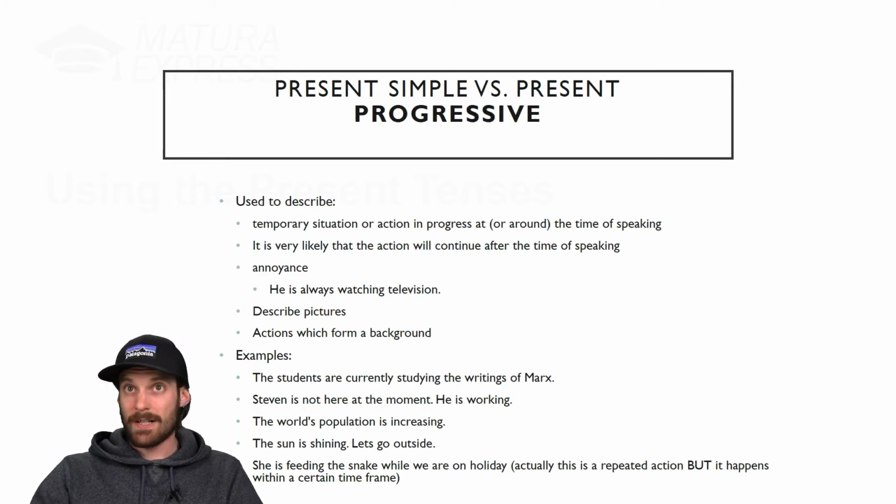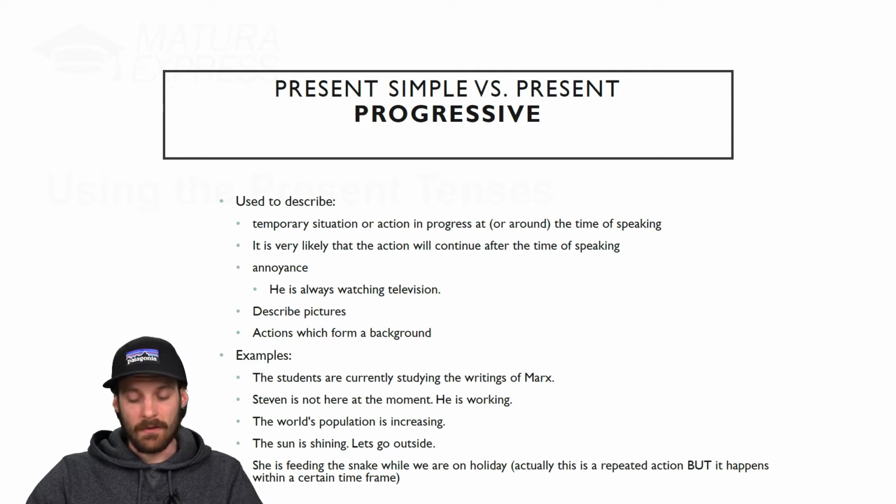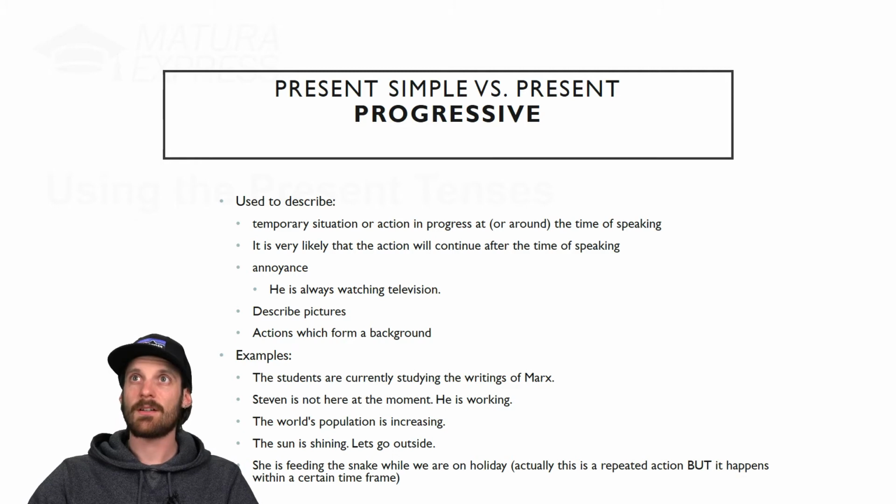So the present progressive, or present continuous, sometimes called the ing form, is used to describe temporary actions in progress. Sometimes it's at the time of speaking. Sometimes it's just something different than a habit or repeated action. It's very likely that the action will continue after speaking.